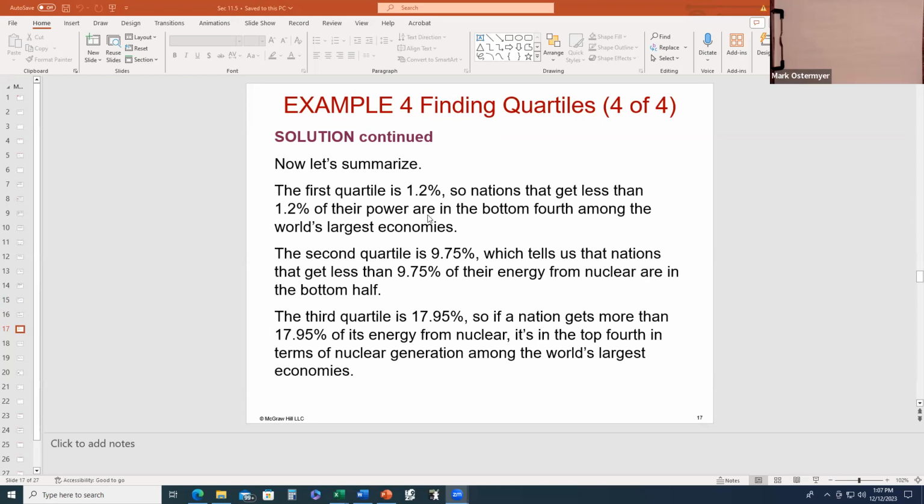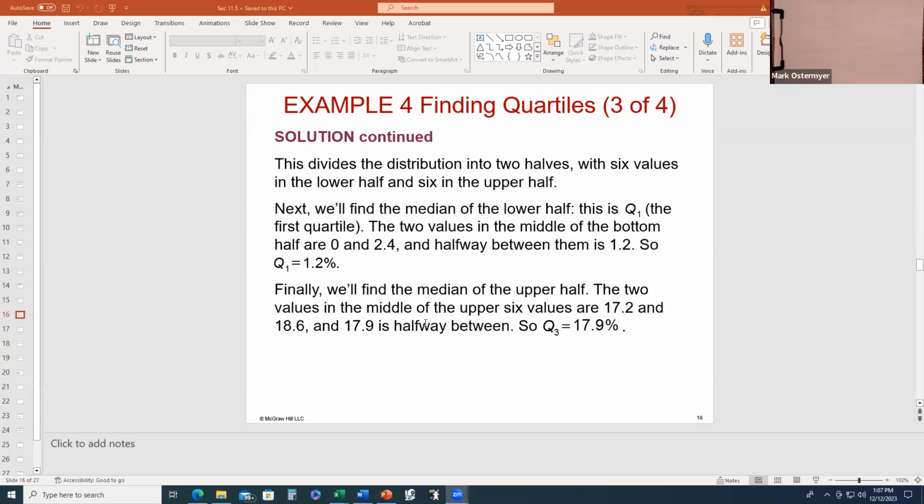And so this is just re-emphasizing our quartile values. Let's see here. 1.2% is the first quartile.